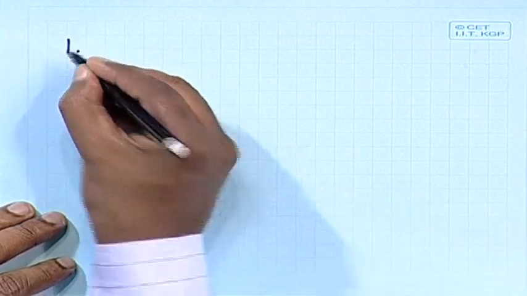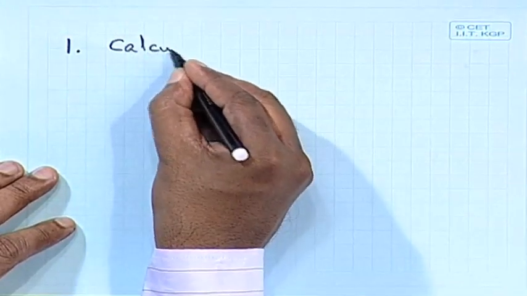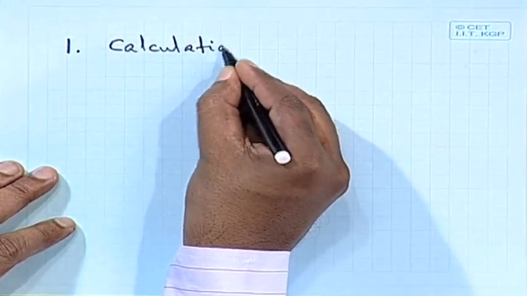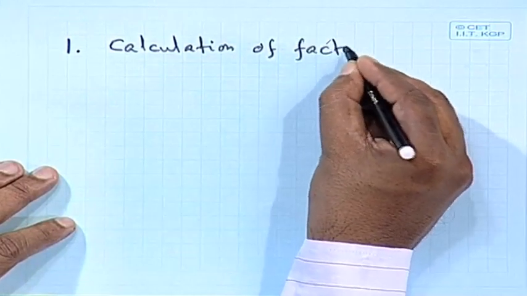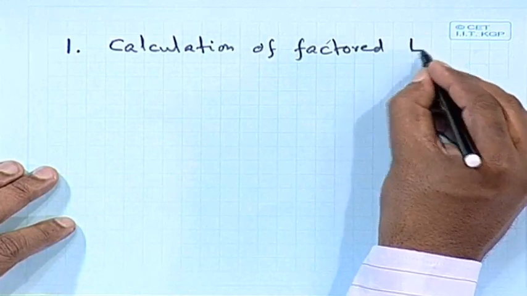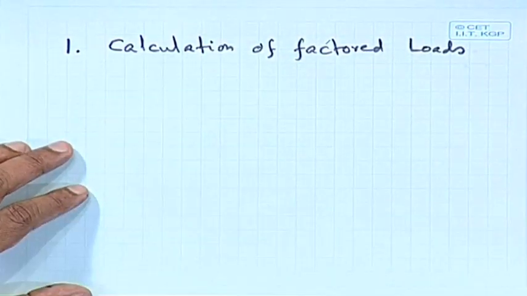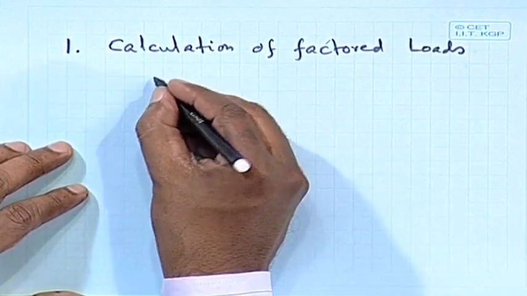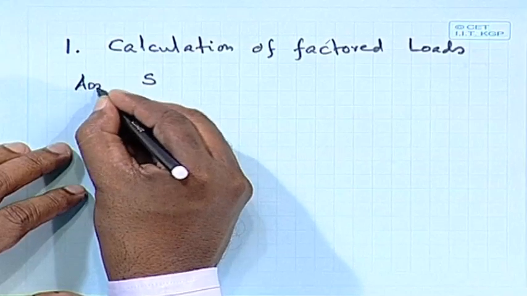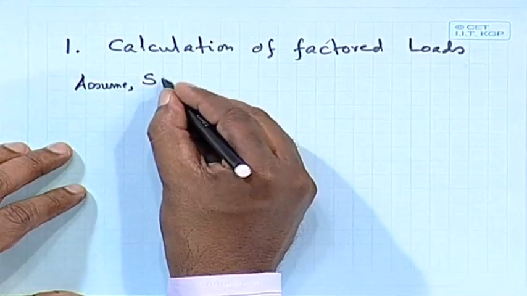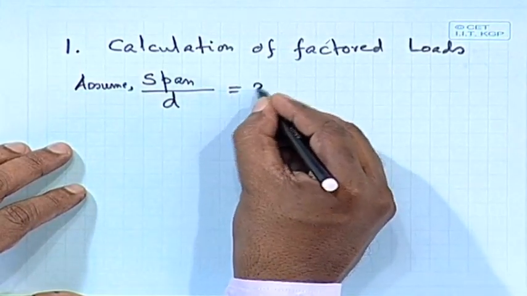So, let us do the first step, that is the calculation of factored loads. We shall assume span by D equal to, say, 25.